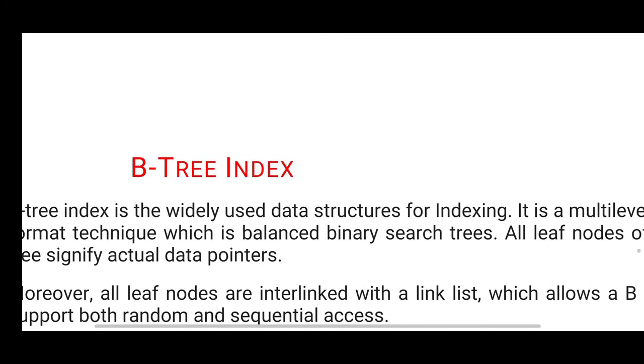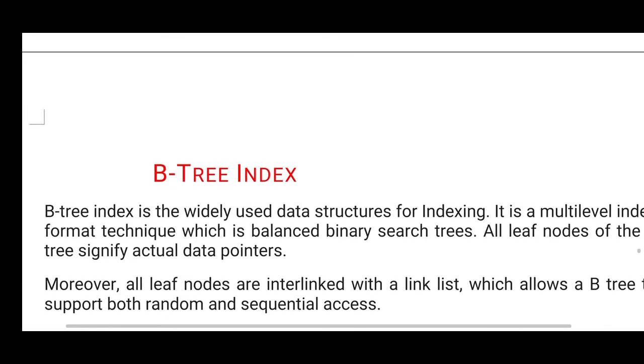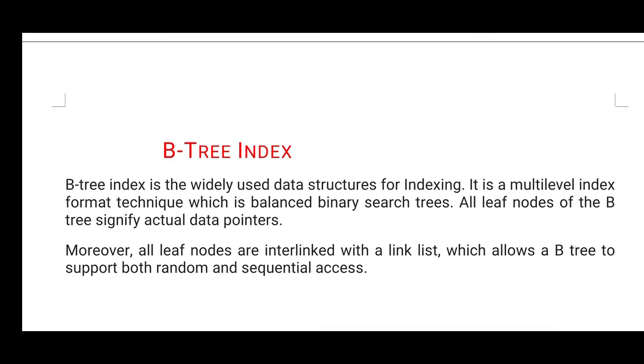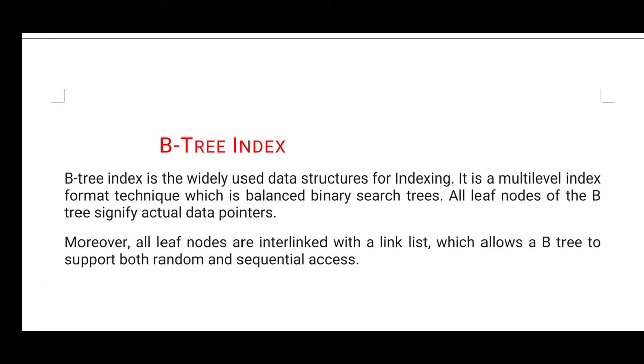Next one, B-tree index. A B-tree index is a widely used data structure for indexing. It is a multi-level indexing technique, which is a balanced search tree. All leaf nodes of the B-tree signify actual data pointers.